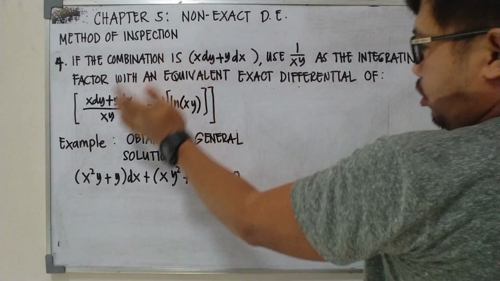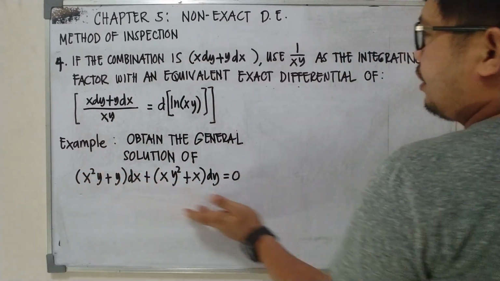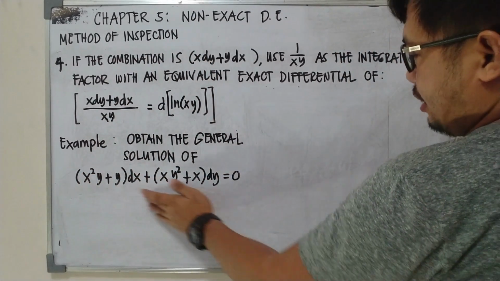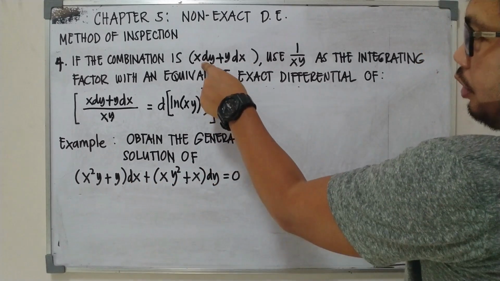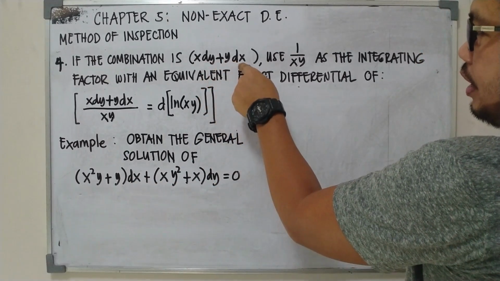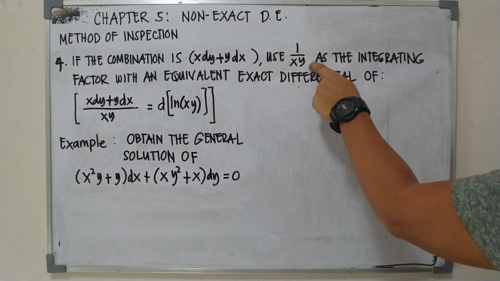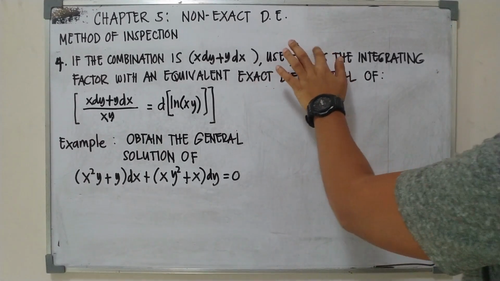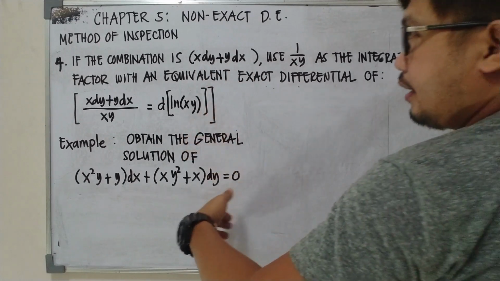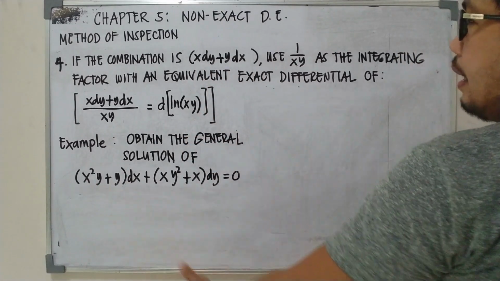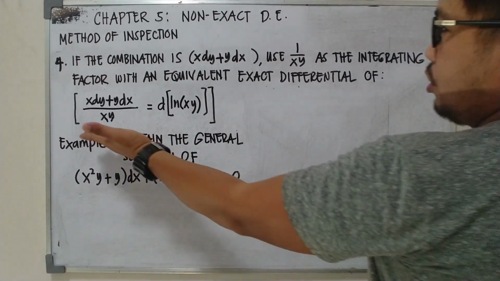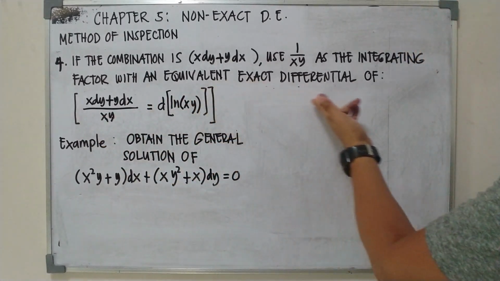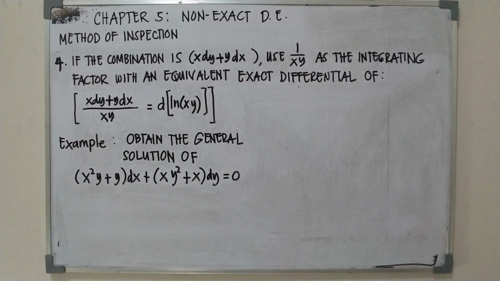So, upon inspection mo, pag makita mo yung differential equation mo, non-exact siya, pag makita mo that you have this x dy plus y dx, we can use this integrating factor. Okay? So, upon multiplying the integrating factor dun sa ating non-exact differential equation, mag-a-arrive tayo ngayon sa ganitong equation which is that is equivalent already ng exact differential equation natin.